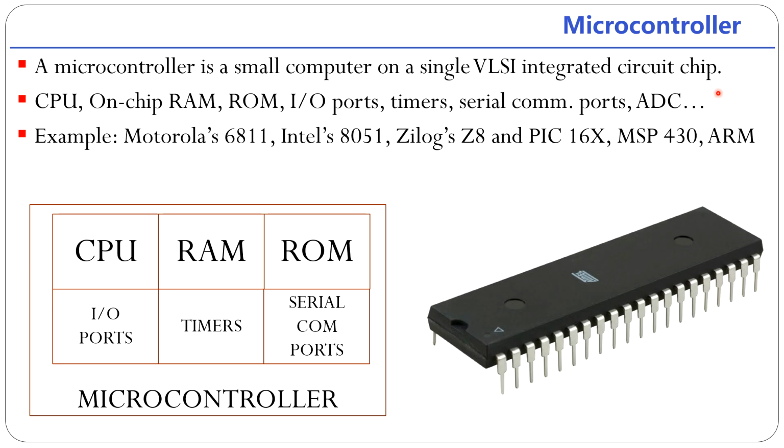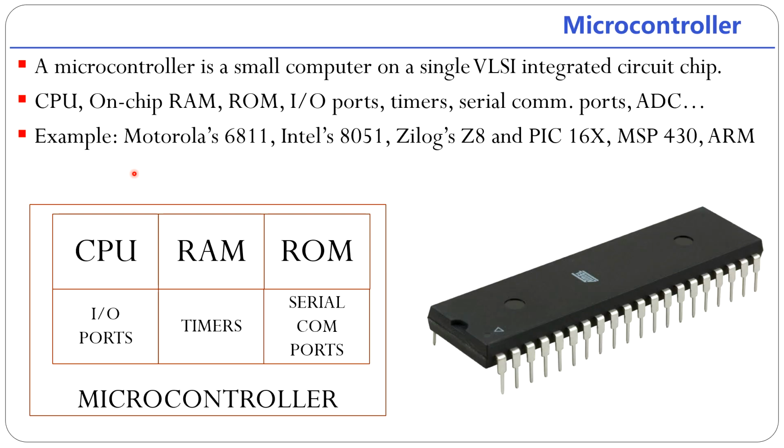A microcontroller is a small computer on a single VLSI integrated circuit chip, with CPU, on-chip RAM, ROM, input-output ports, timers, serial communication ports, ADC, etc. Examples: Motorola 6811, Intel 8051, Zilog Z8, PIC microcontroller 16X, MSP430, and ARM microcontroller.